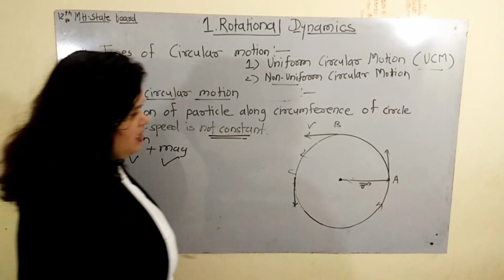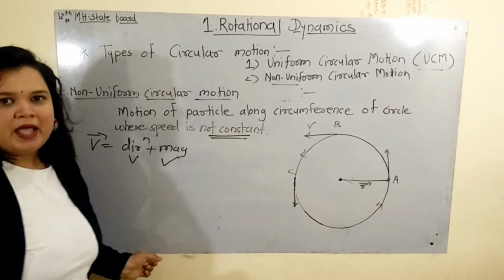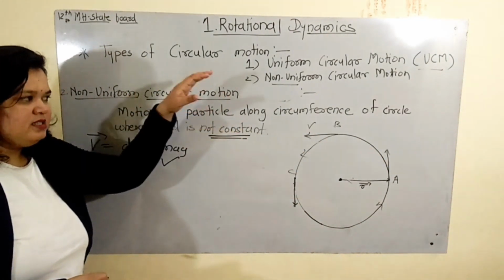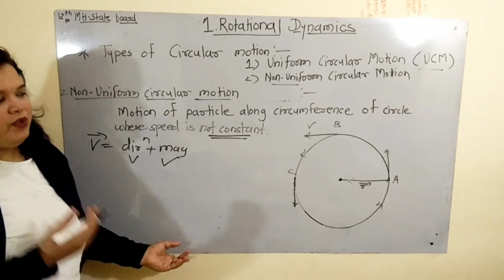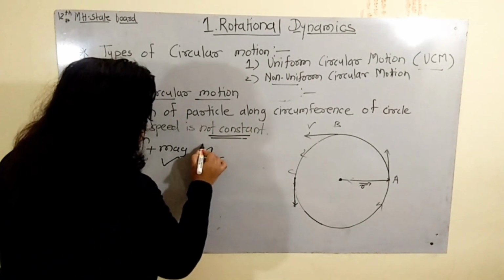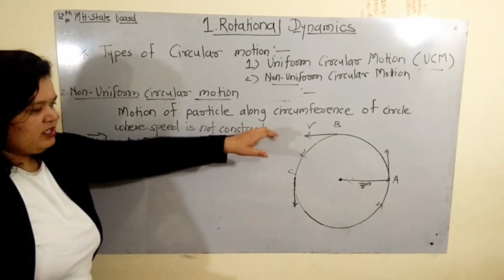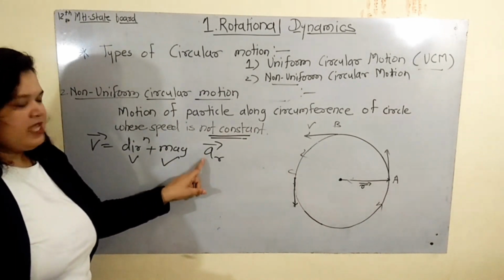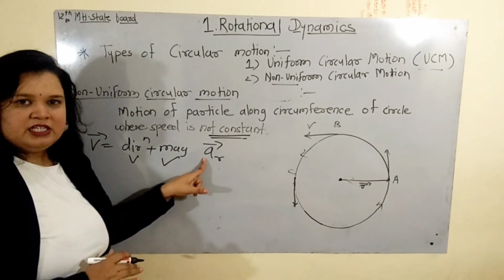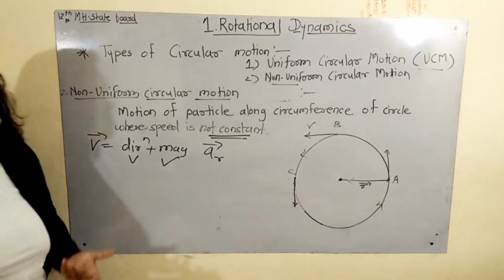In uniform circular motion, we know that velocity is always tangential to the path. Here also velocity is tangential to the path. Velocity is tangential to the path due to acceleration, which is called radial acceleration. Here velocity is also tangential, that means radial acceleration is present there, but the magnitude goes on changing.